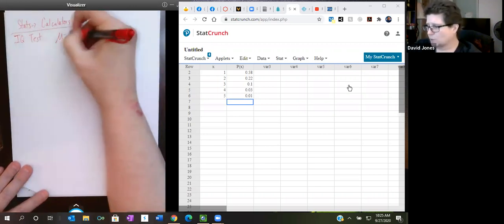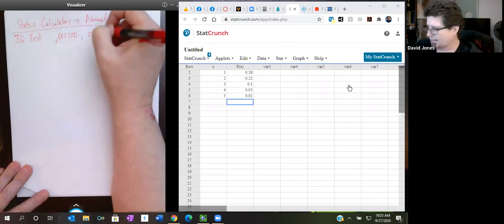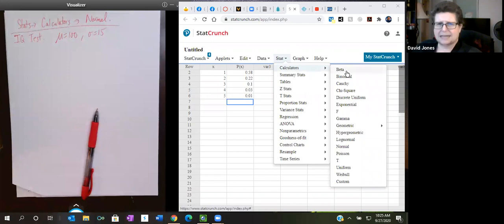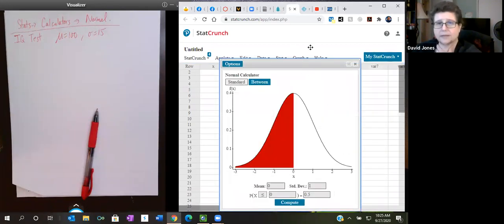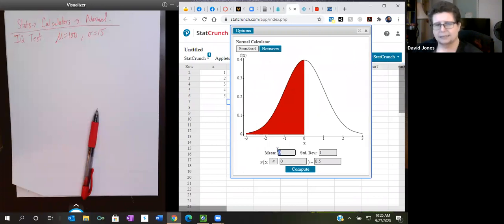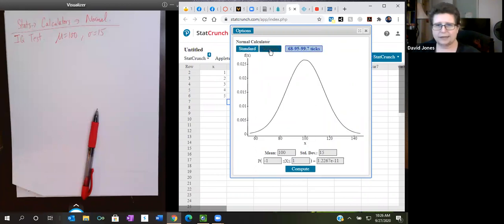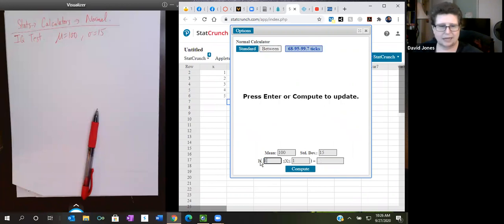So mean is 100, standard deviation is 15. We need to enter the mean and the standard deviation. And I just got done saying between 85 and 130. If we click on between, and I say between 85 and 130, it's going to be close to the value I gave you, the 81.5%.